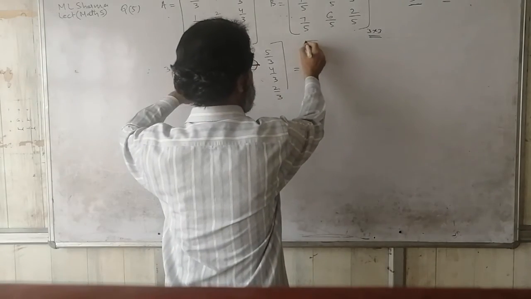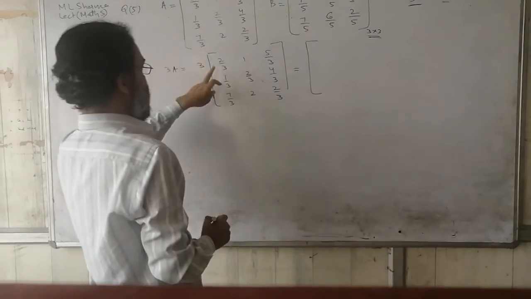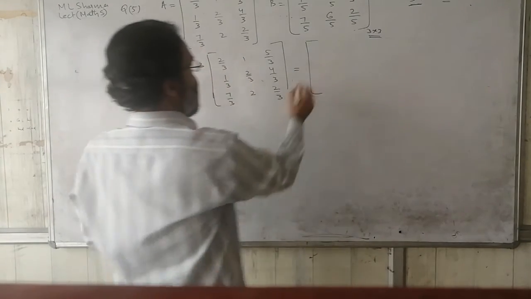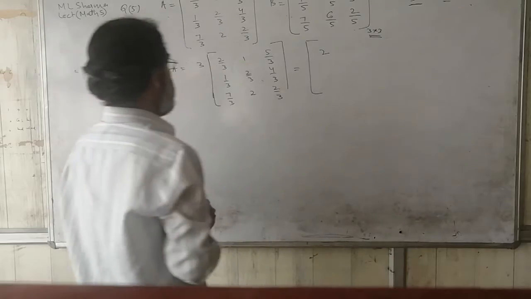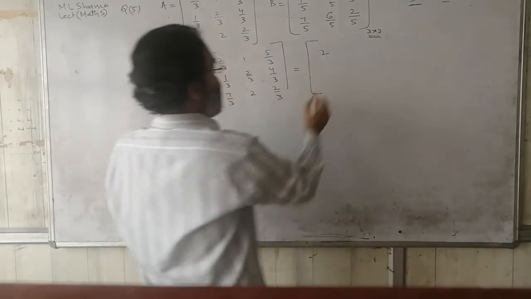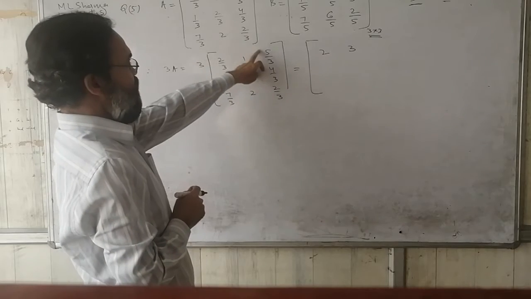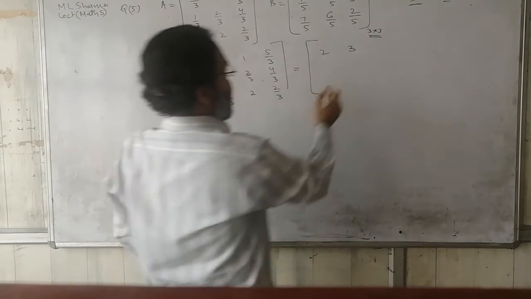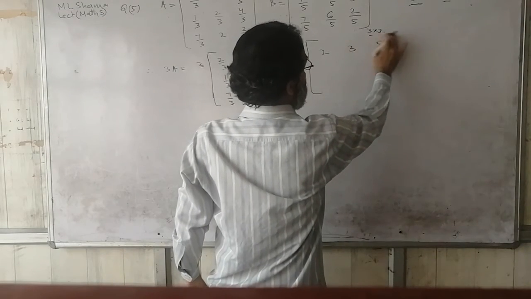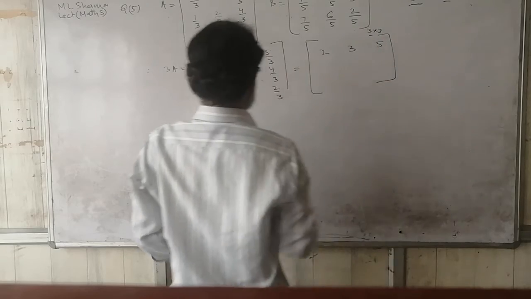If I multiply 2/3 by 3, I will get the first element 2, and here I will get 3. Multiplying 5/3 by 3 gives 5 simply.